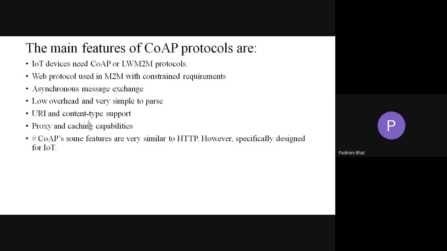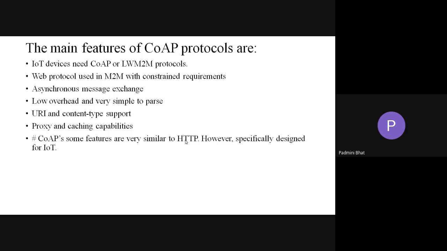URI is Universal Resource Identifier. So resource identification would have been done initially, and such support is provided. Later, you cannot send a request which is not there in the list. Next, proxy and caching capabilities.